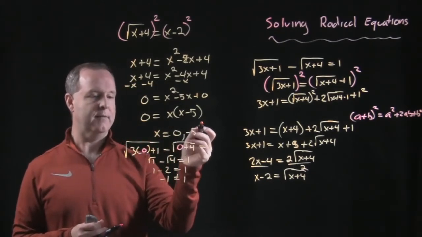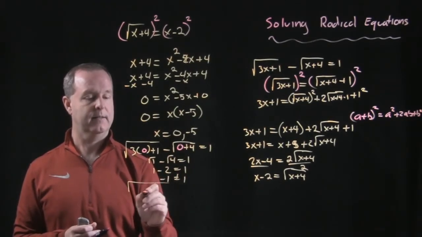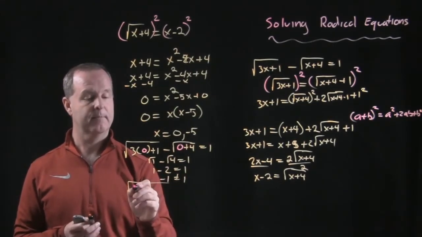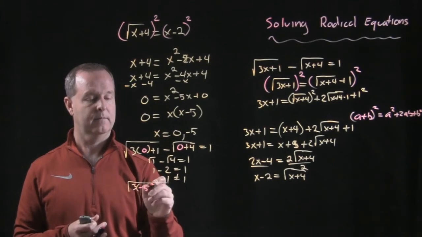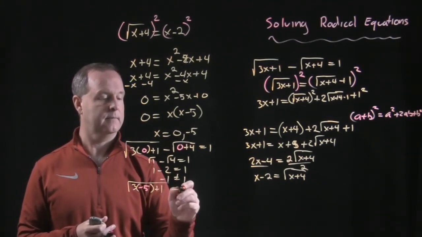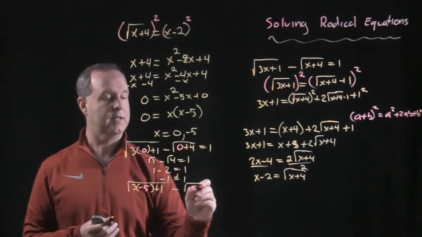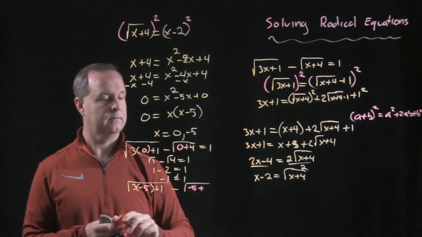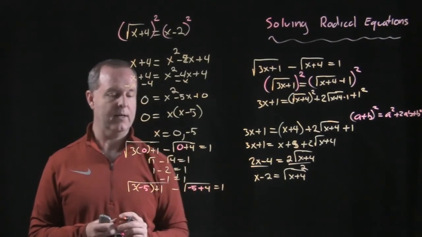All right, let's try to see if 5 is a solution. Same process. So I have 3 times a negative 5 plus 1 minus negative 5 plus a 4 equals 1.